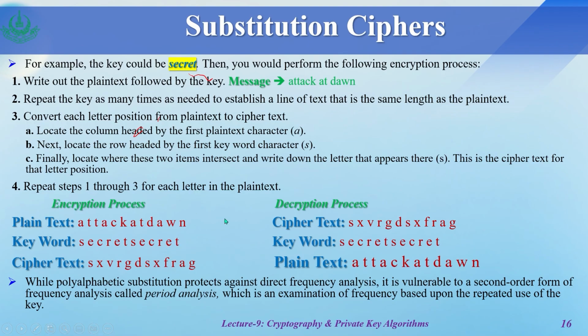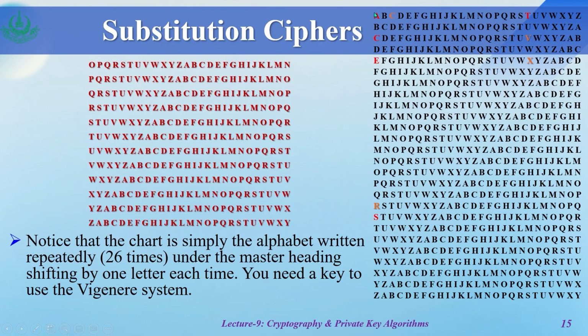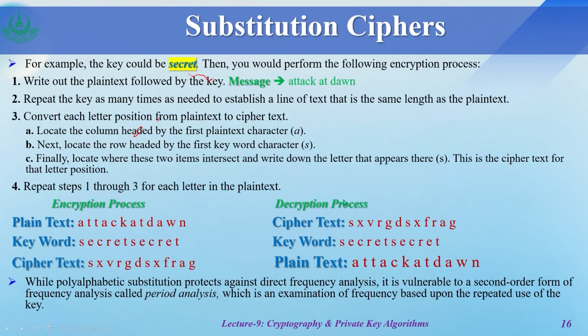Then from the chart we take the cross section of row and column. From this we take that A and S cross section is S, T and E cross section is X, T and C cross section is V, and similarly the cipher text becomes S X V R G D S X.